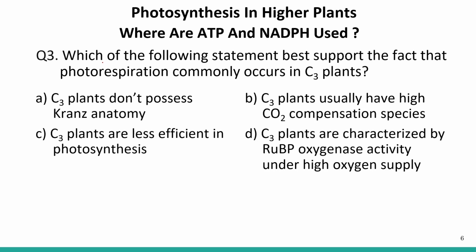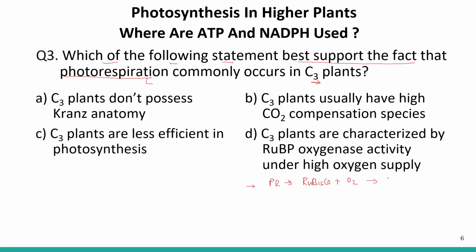Now coming to the next question, which is: which of the following statements best supports the fact that photorespiration commonly occurs in C3 plants? Okay. So what is photorespiration? Photorespiration takes place due to the oxygenase activity of the Rubisco enzyme, when Rubisco combines with oxygen instead of carbon dioxide. Alright.